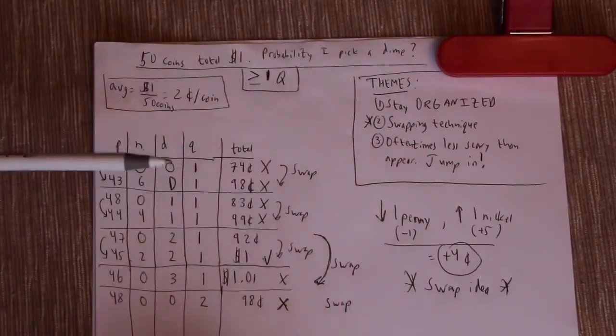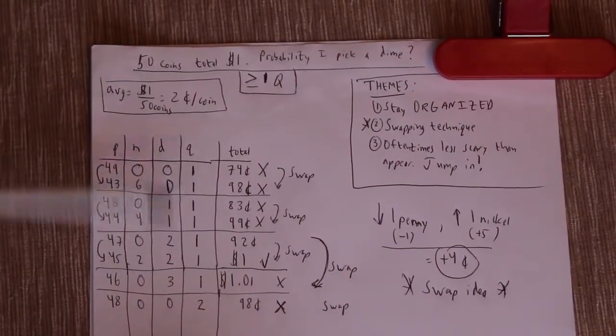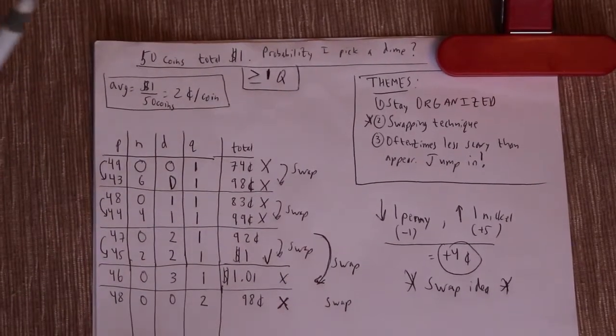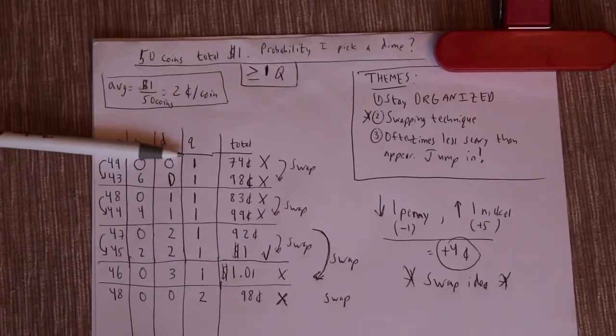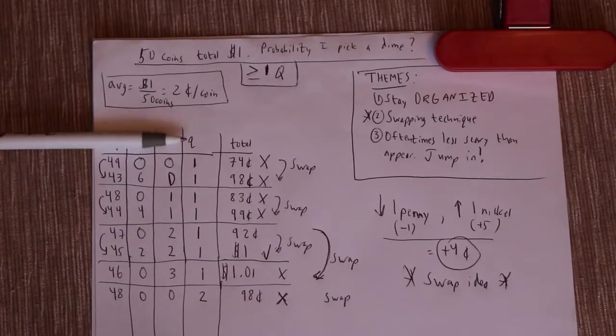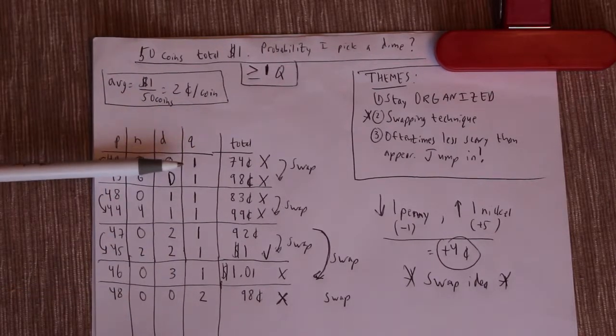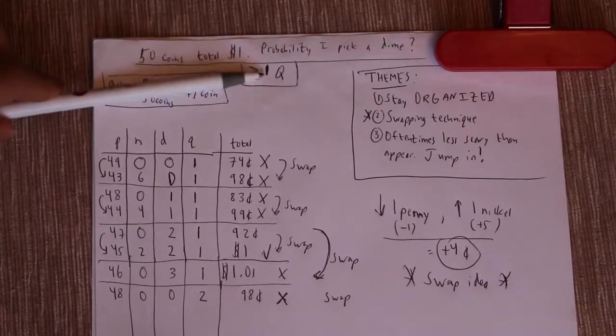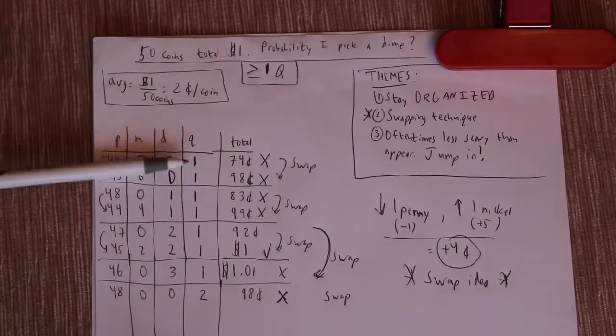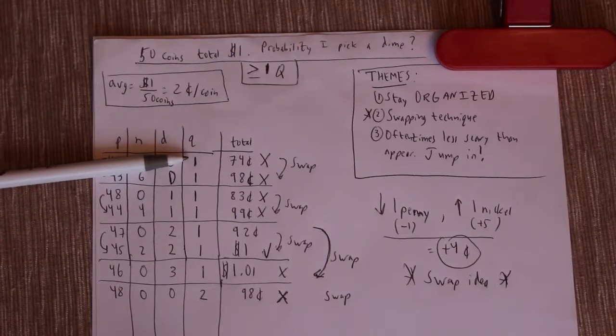I don't recommend you just jump all over the place, so we're going to start very organized. Notice my numbers, in terms of the large ones, the quarters and the dimes, are going from low to high. I'll start with the lowest, which is at least 1 quarter, so I have to have this be at least a 1.